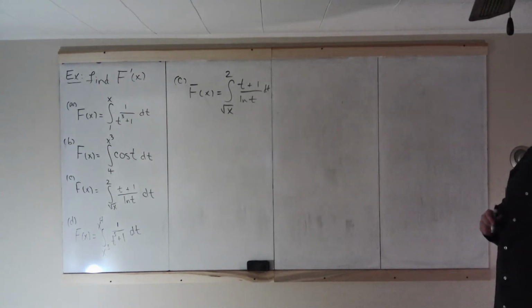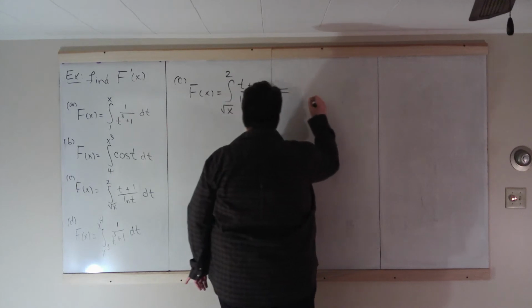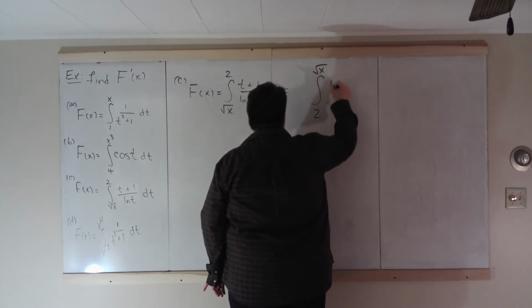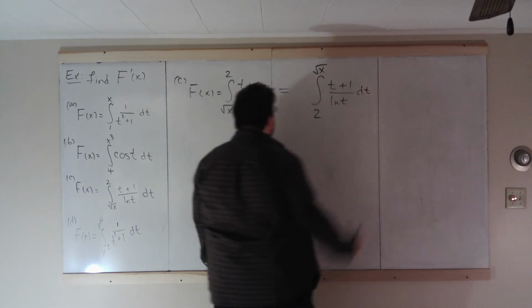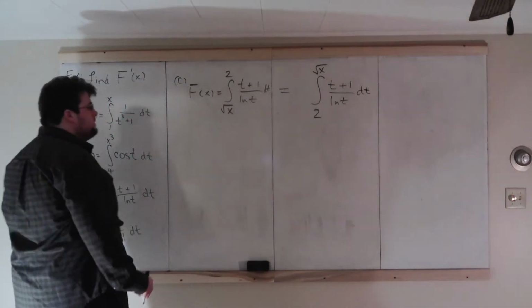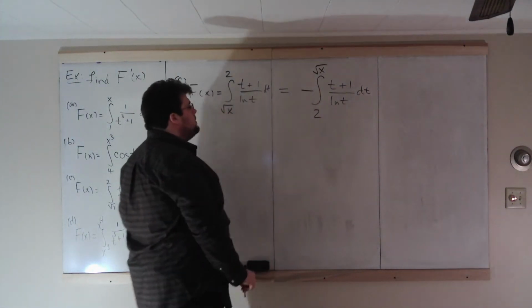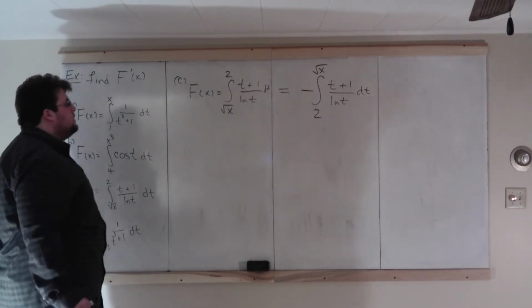But we can use a definite integral property to flip that around. What happens if you flip this around? Well, those aren't equal. Property 2 of definite integrals says the cost of flipping the bounds around is a negative.